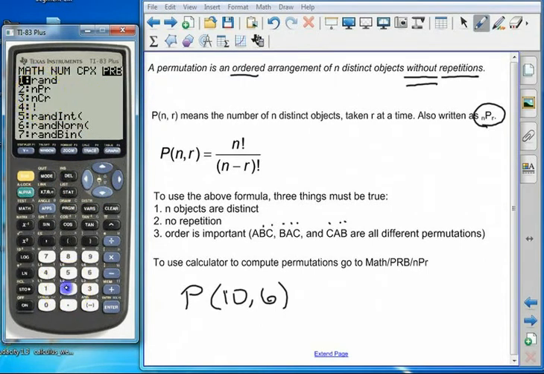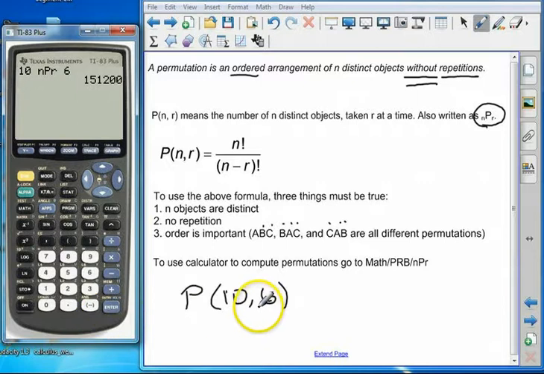Number 2 is permutations. So I do 10 nPr 6, and that's 151,200 permutations of 10 objects taken 6 at a time. Okay, so that's what permutations are.